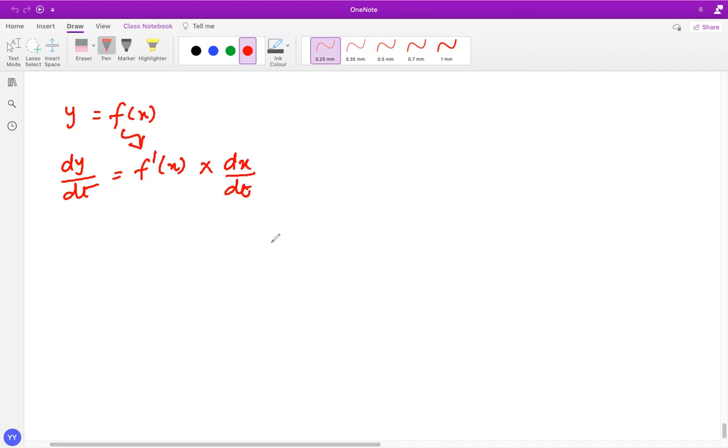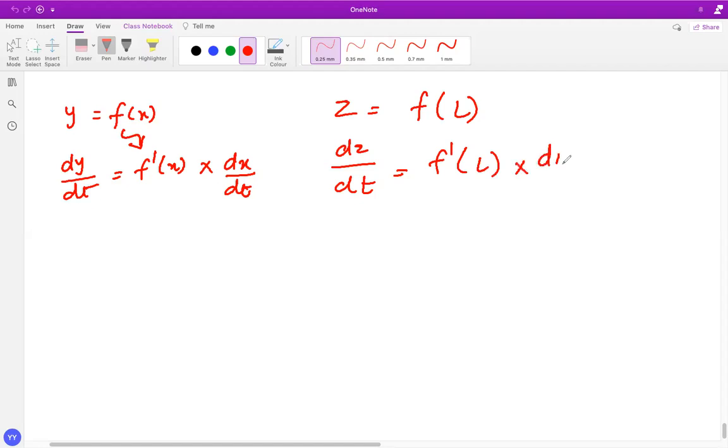I do the normal derivative and just multiply with the variable you're differentiating. If your variable is, let's say, z equals f of L, and you want to introduce related rates, dz by dt will be f dash of L times dL by dt, because I differentiated L. So let's take some examples on this concept.